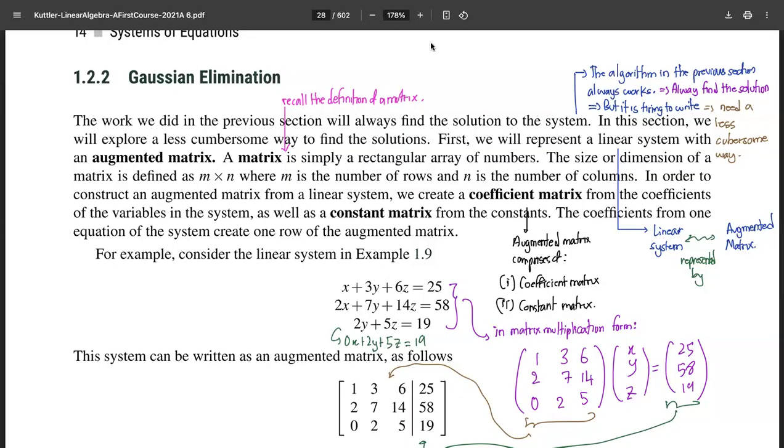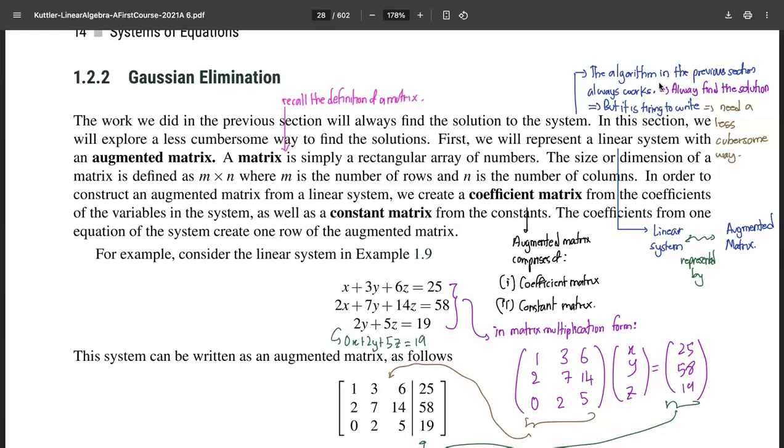They give us a computational algorithm to actually solve what we want to solve. The elementary row operations always work. They always give you a solution to the system of linear equations you're solving, but it's tiring to write down. So we want to find a less tedious way to do it.